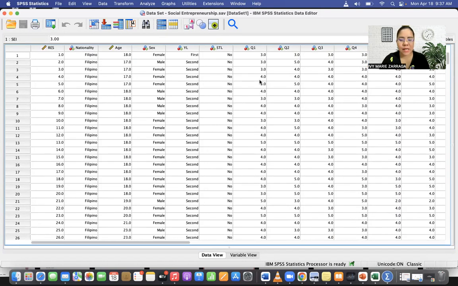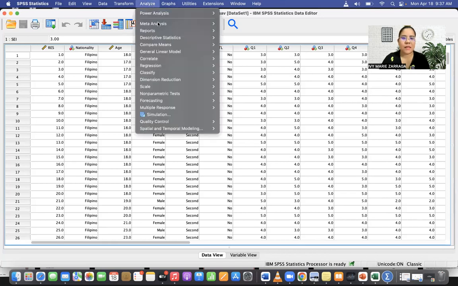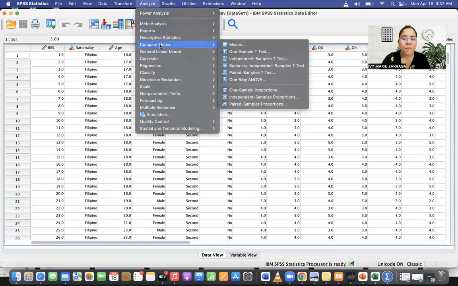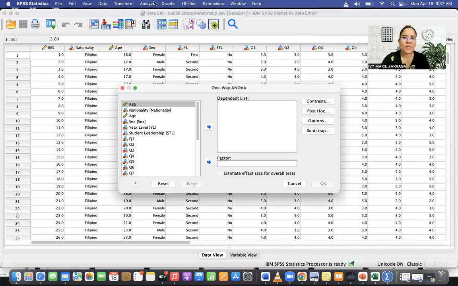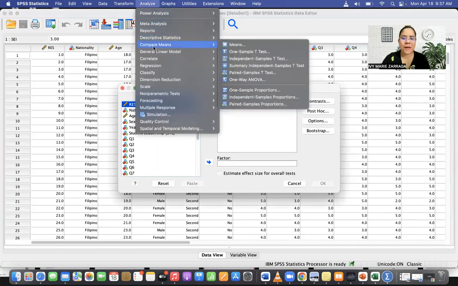So ready na itong data natin to run for a one-way ANOVA. So first is go to analyze, then compare means, and look for one-way ANOVA, this one. So again, analyze, compare means, and one-way ANOVA.